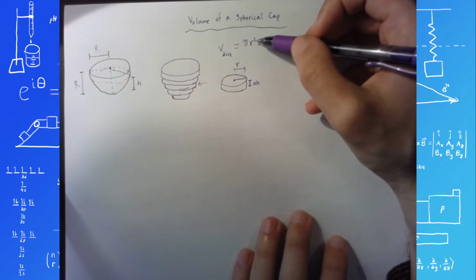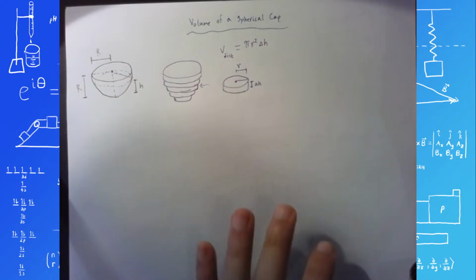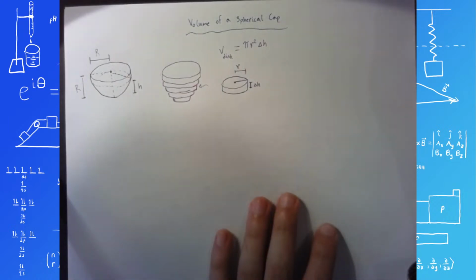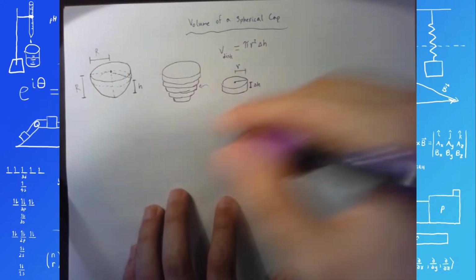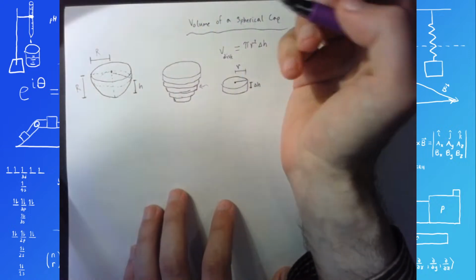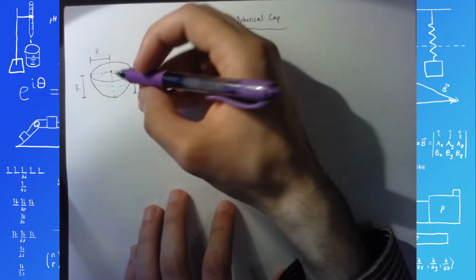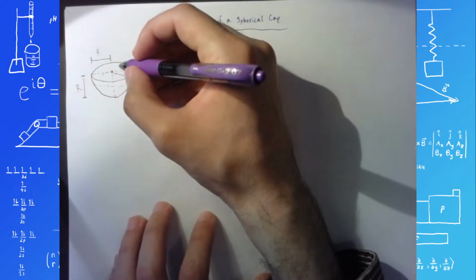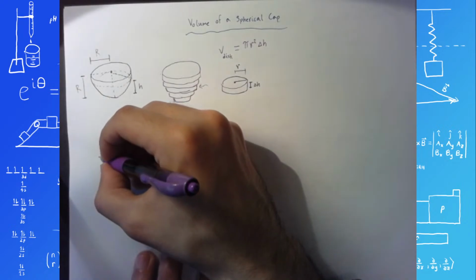My dh does not match my r squared variable, so I've got to find a way to rewrite one of them in terms of the other. What do I want to use here?